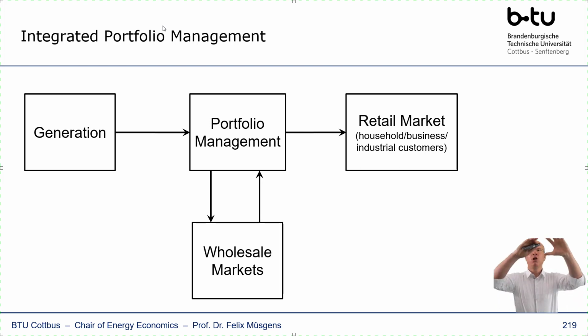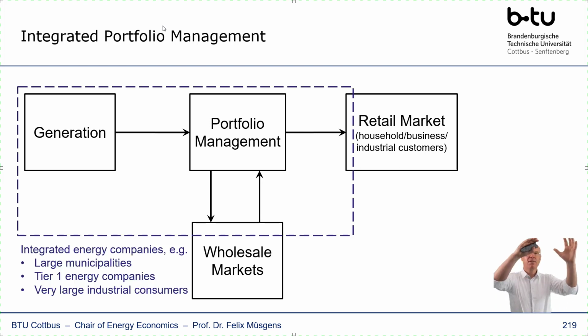But of course, large integrated utilities have both generation assets they control and own, and retail customers they deliver electricity to, and of course they are also active on the wholesale market.